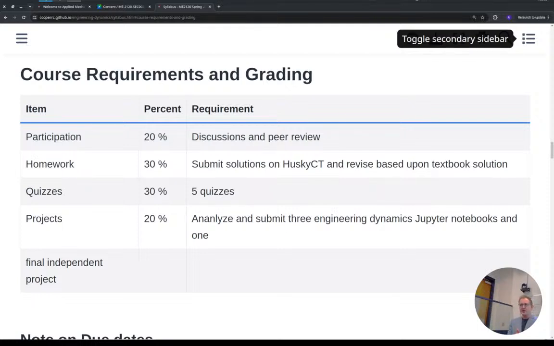All right, so you know a little bit about, at least a rough idea of how it's going to work, and then an exact idea of how it'll be graded. Is there any misalignment between the two? Project should be 50% or something. What's the final independent?